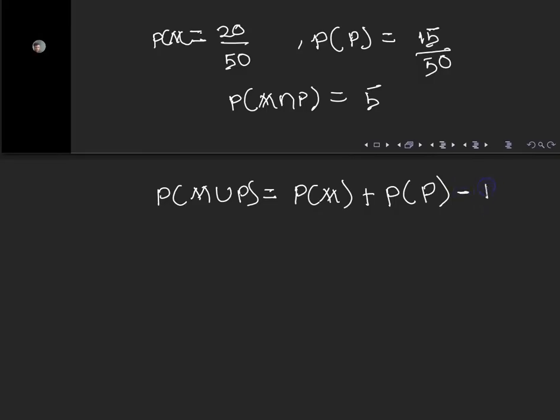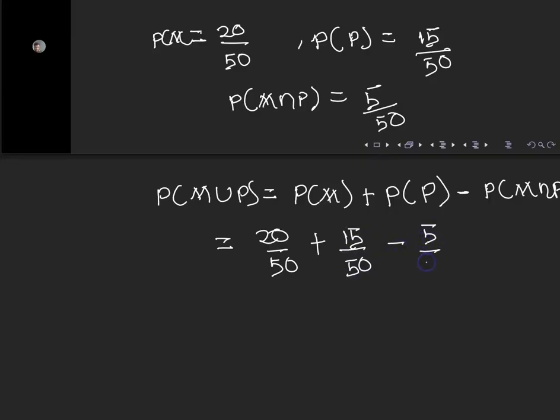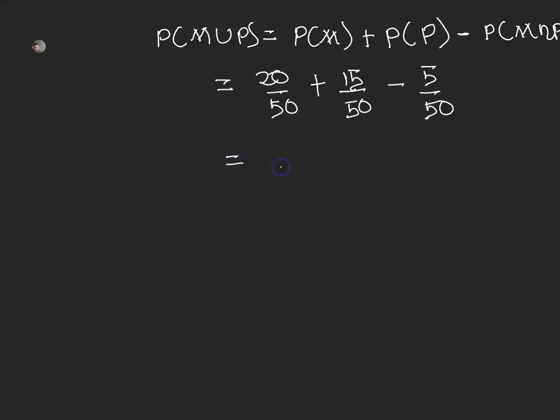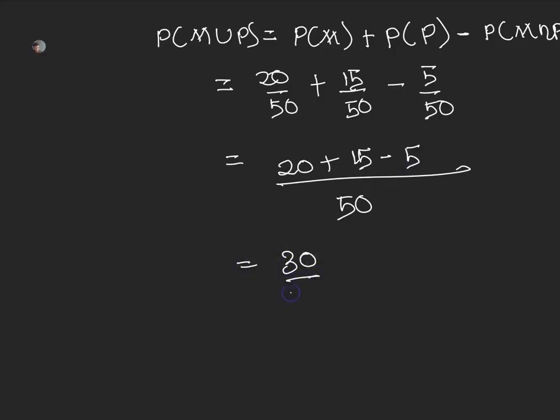So minus the probability of M intersection P. Substituting, we have 20 over 50 plus 15 over 50, then minus 5 over 50, which gives us 20 plus 15 minus 5, that is 30 over 50.